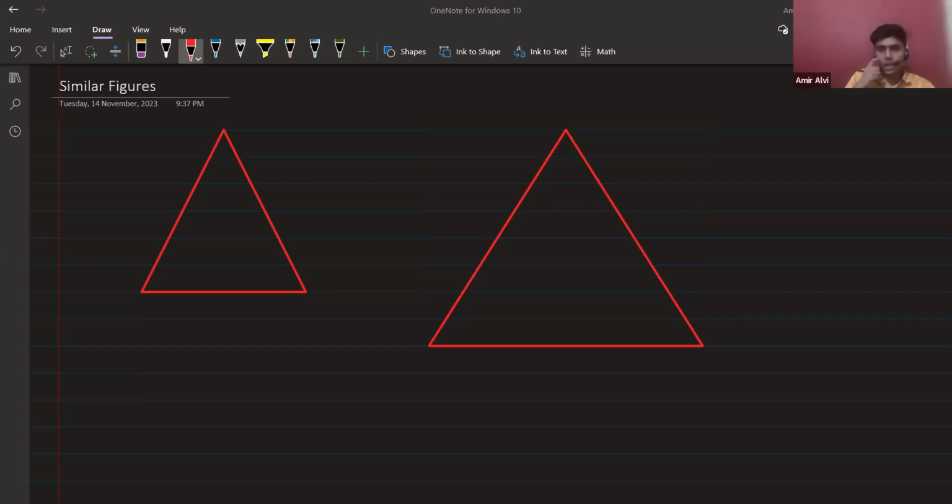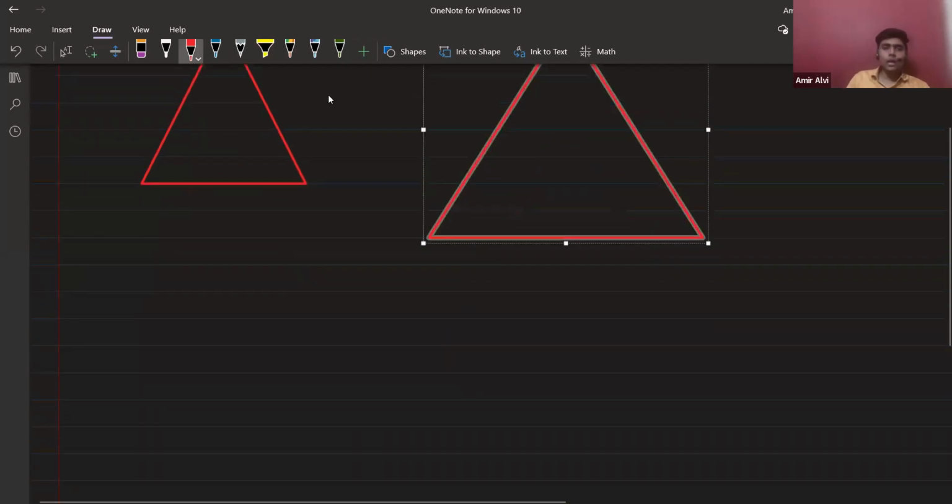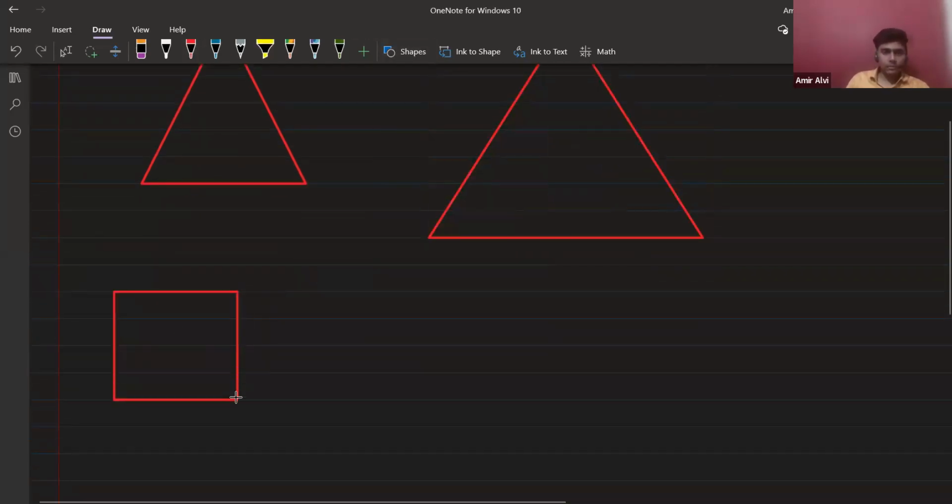One more thing, let me ask you one more question. Adil, suppose this is a square and this is a rhombus.